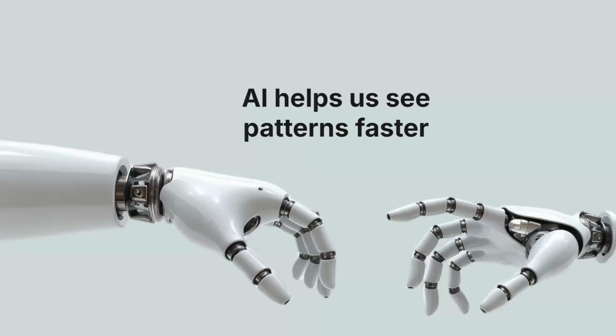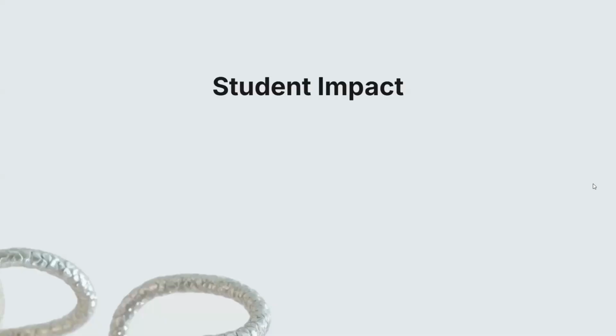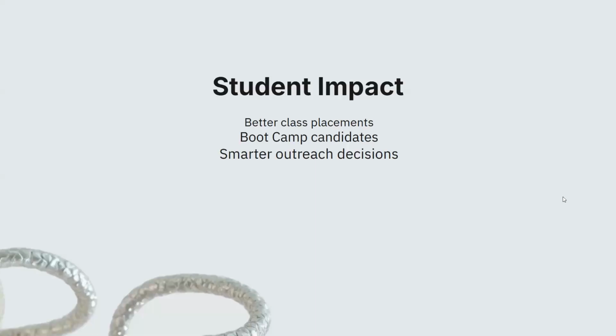AI helps us see patterns faster. That can lead to some great student impact. It can help you put students in appropriate classes. I've been using it quite a lot to identify boot camp candidates. It also leads to smarter outreach decisions.